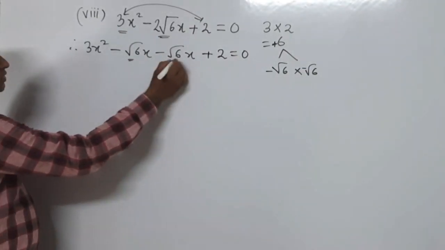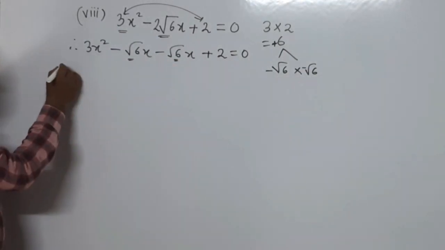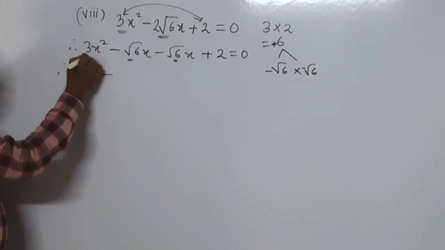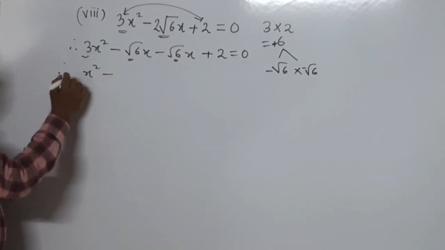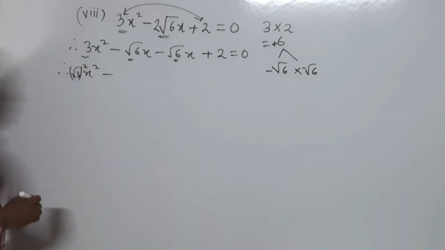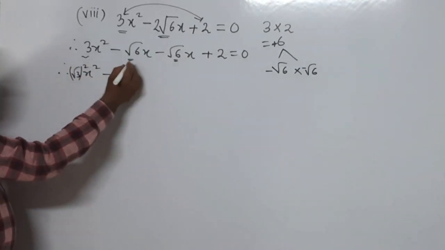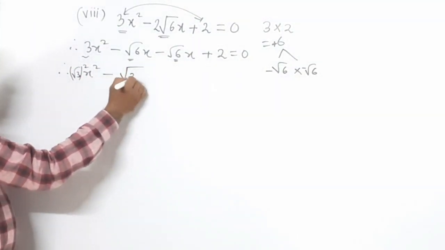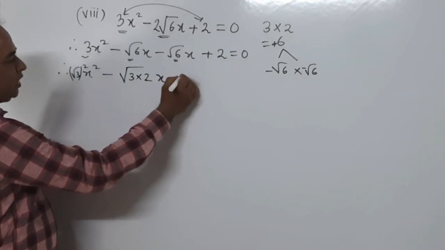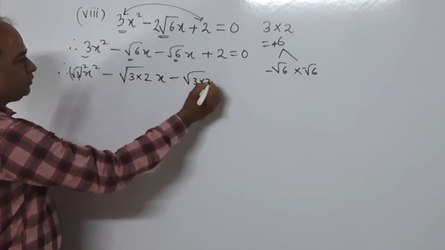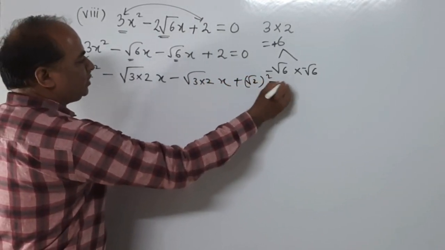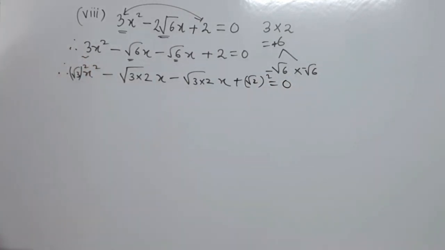Now this root 6 we can write as root 3 into root 2, and 3 can be written as root 3 bracket square, and 2 can be written as root 2 bracket square.